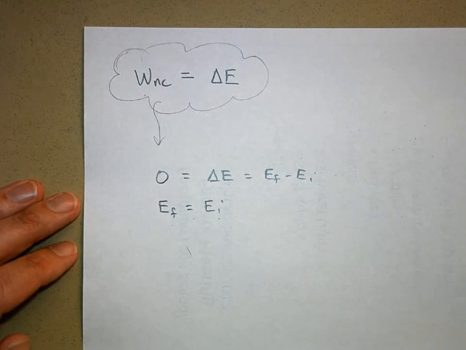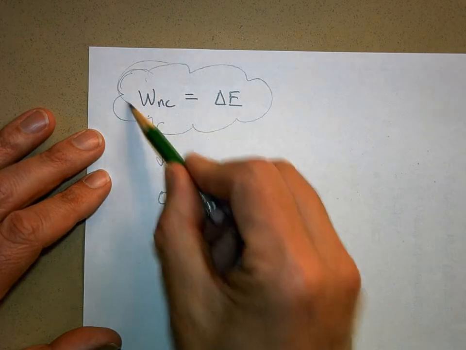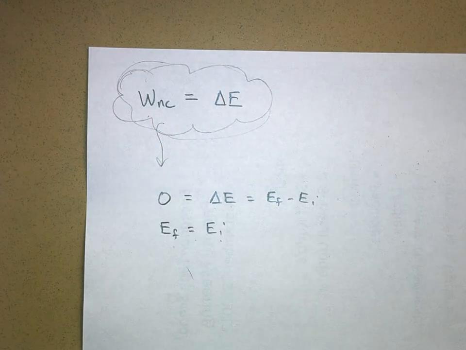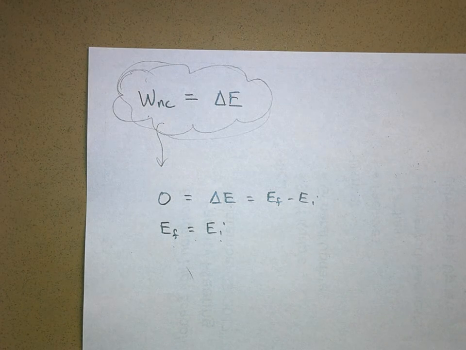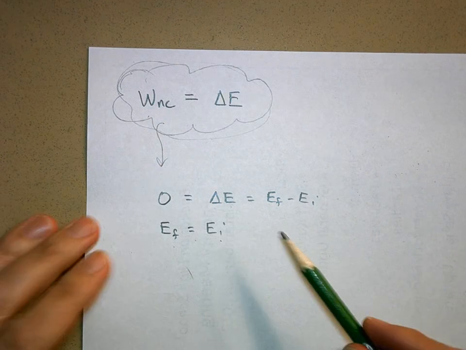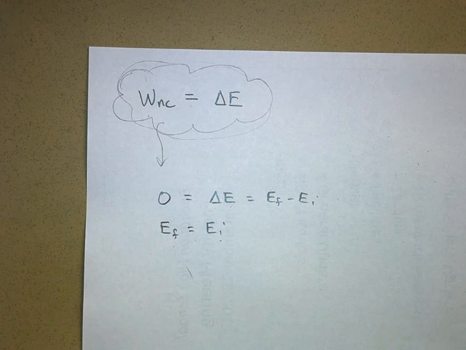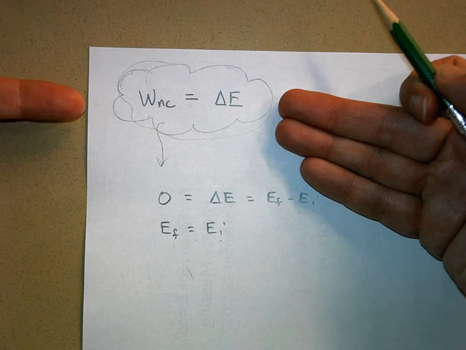But this equation works in every problem. This is always true. If you have non-conservative forces acting in your problem, then they will change the mechanical energy in your system. So if you're working an energy problem, you can always start here. You can start with that.